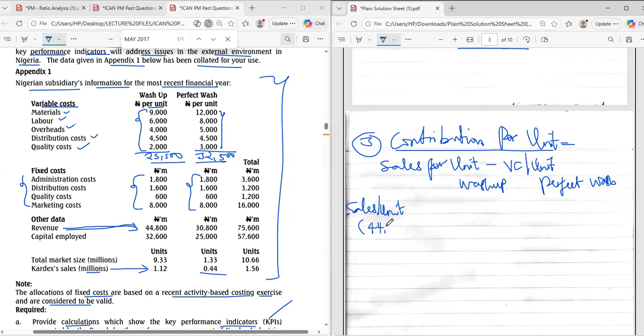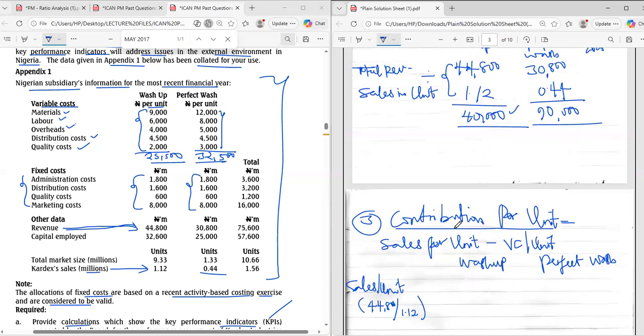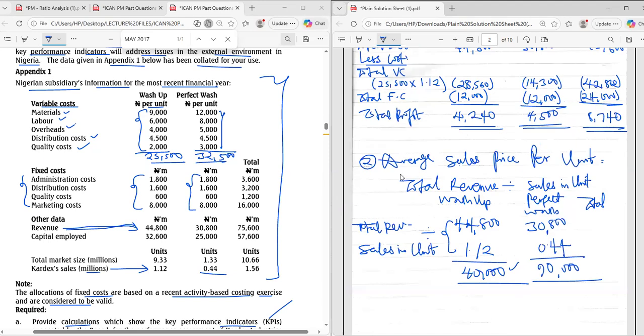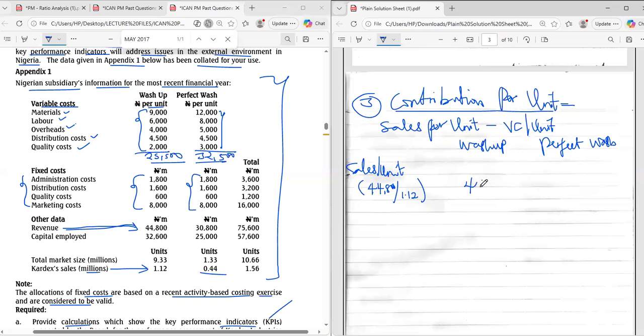Total sales divided by number of units. That's what we did here, the average sales per unit: 40,000 and 70,000.